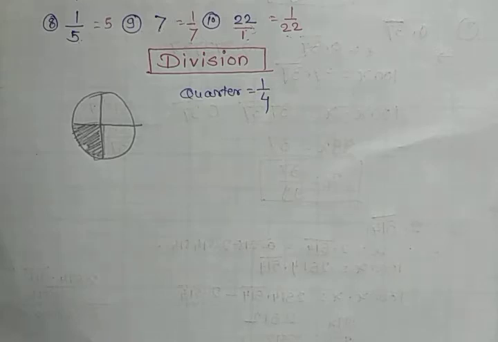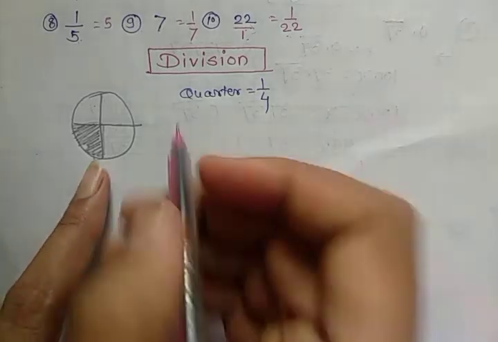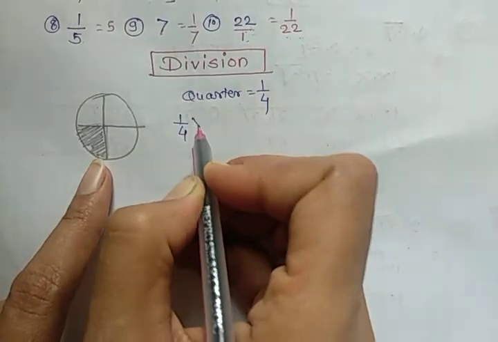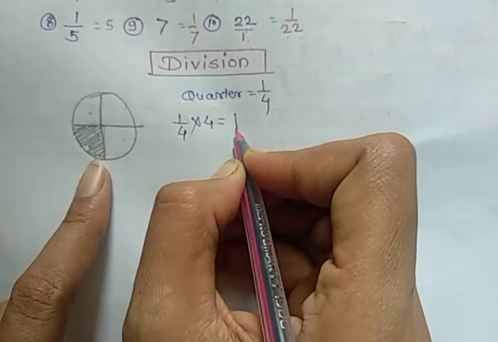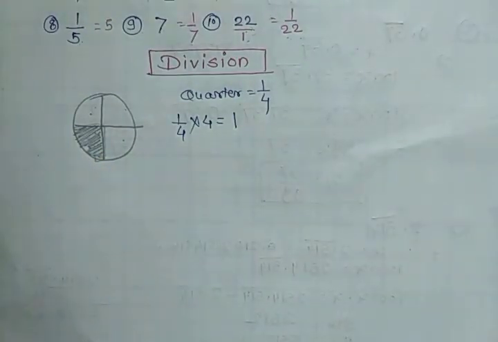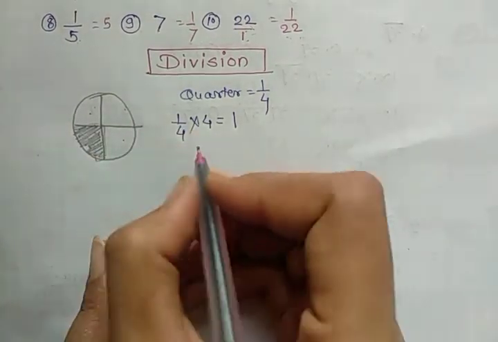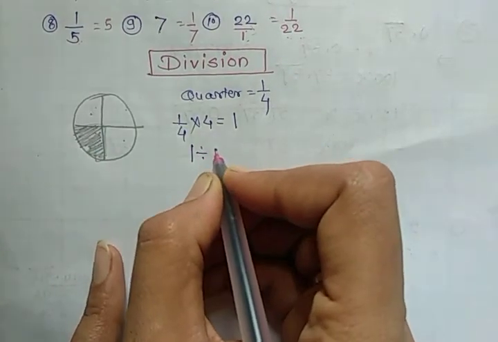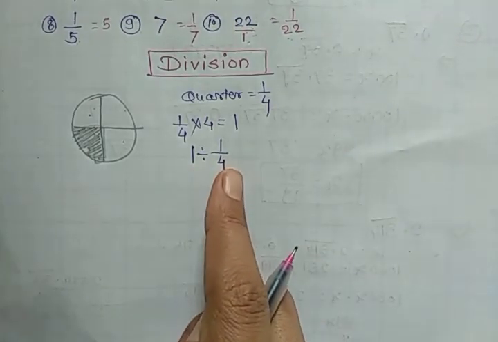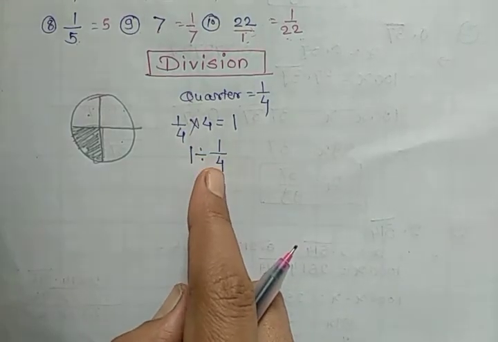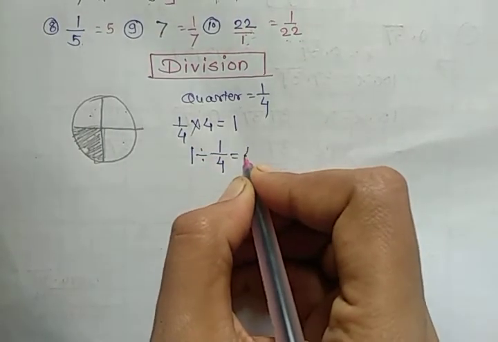So we can write this as quarter, 1/4, into how many parts are there? 1, 2, 3 and 4. So multiply by 4, it becomes 1 bhakri. So 1/4 into 4 is equal to 1. Now we shall convert the division of a fraction into multiplication. If 1 bhakri is divided into 1/4, then the answer is 4.